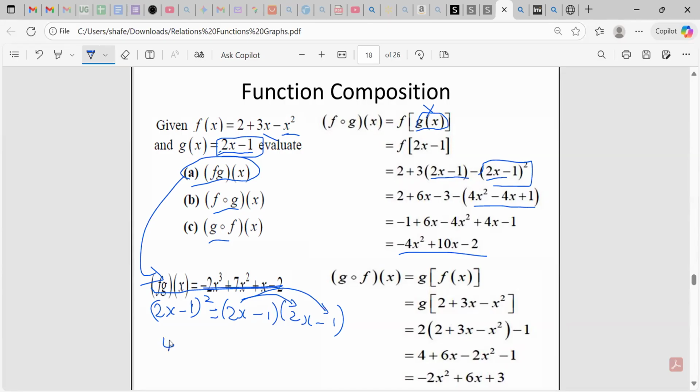So you get 4x squared minus 2x, and then this minus 1 by 2x, which is minus 2x, and this minus 1 by minus 1, you get positive. End up with 4x squared minus 4x plus 1. And that's how they got that. And then you simplify.